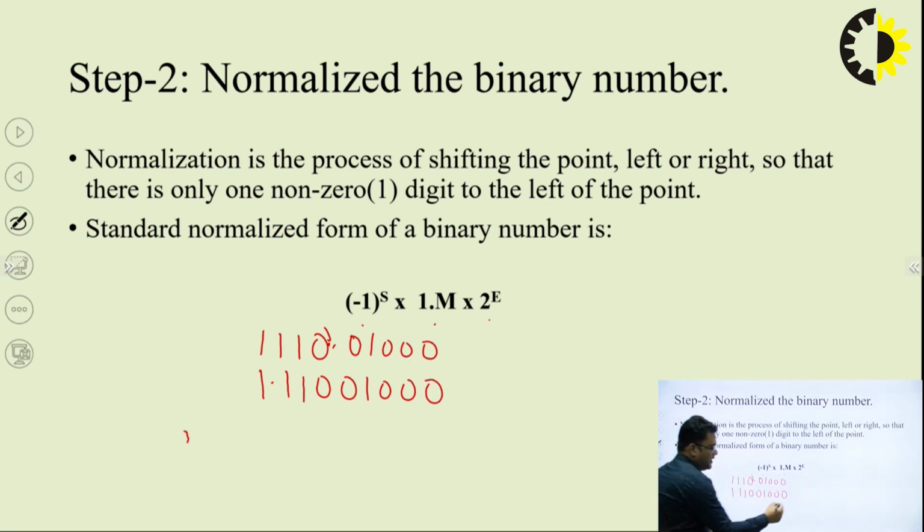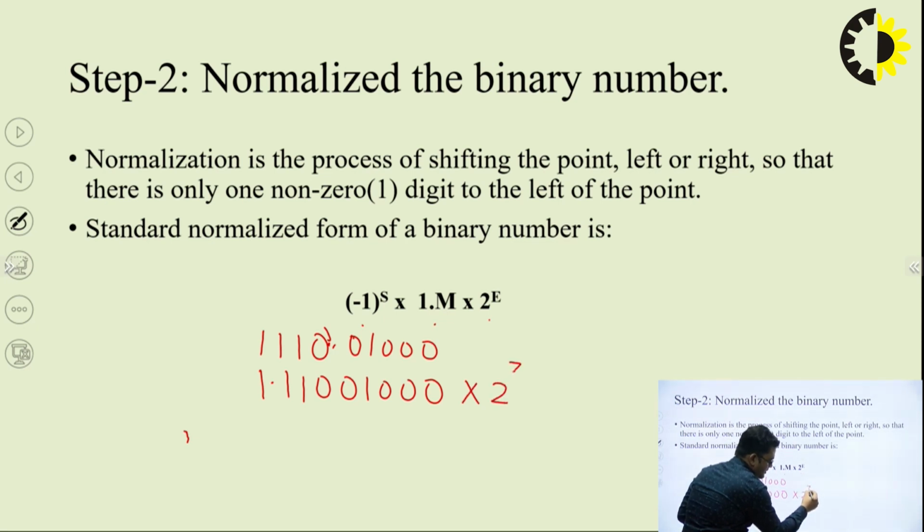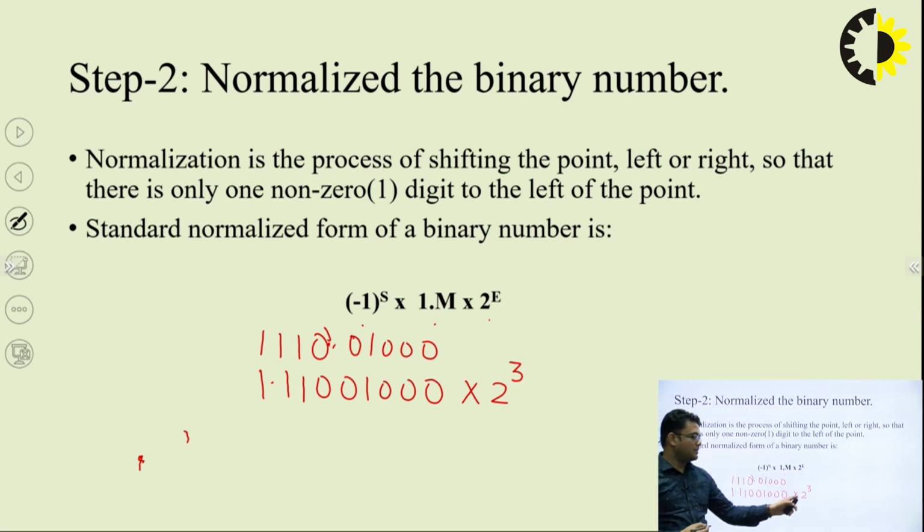And for that we need to multiply with 2 raised to the power 3, because we have shifted this point 3 times towards left. If we have shifted 4 times, we will write 2 raised to the power 4. If we shift 10 times, we have to write 2 raised to the power 10.